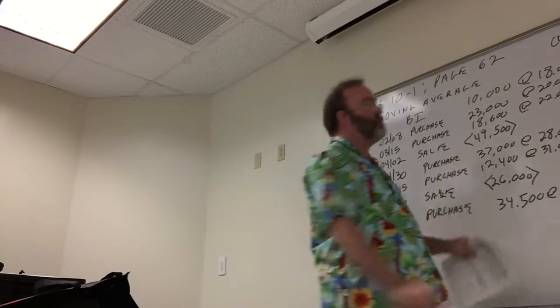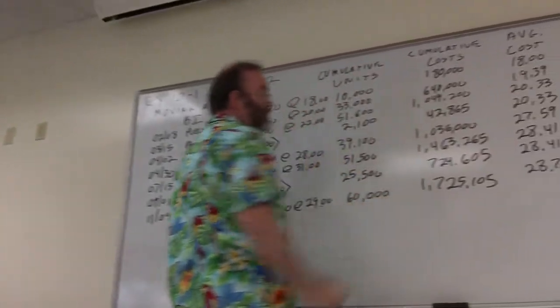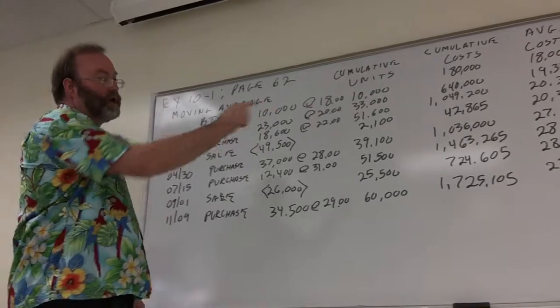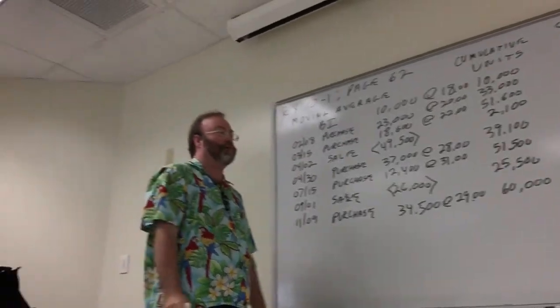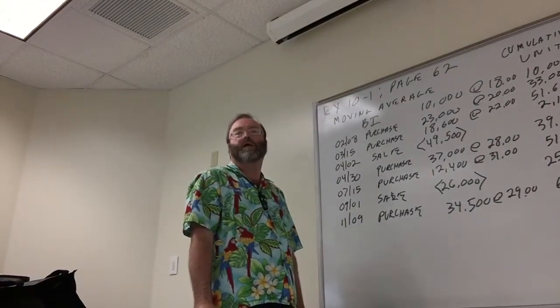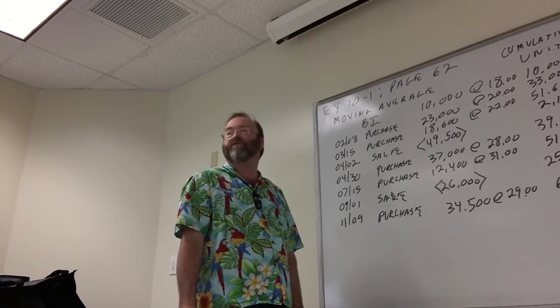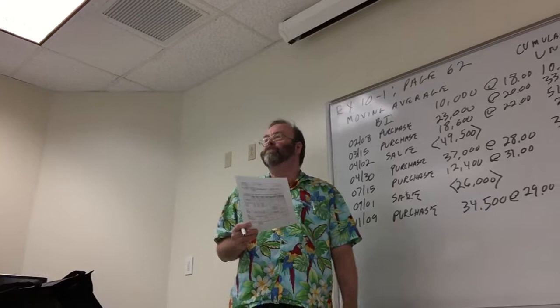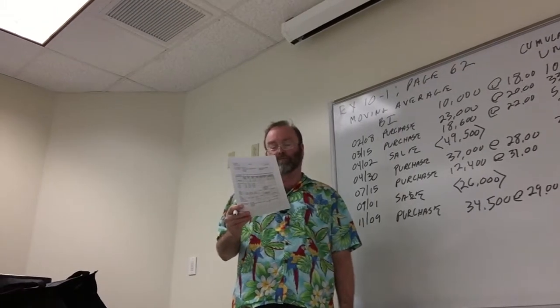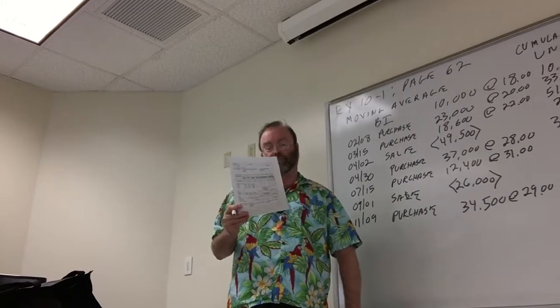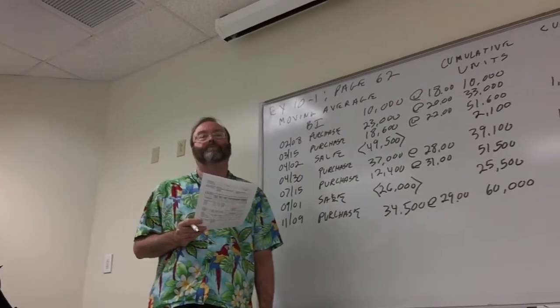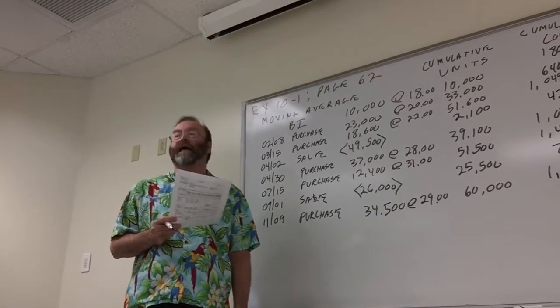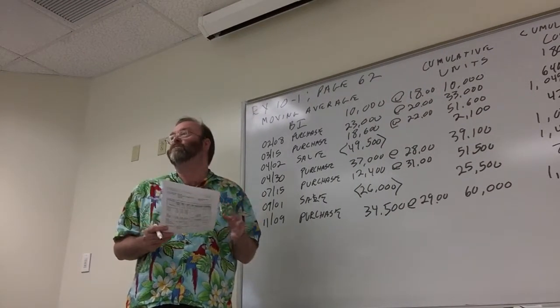So this is ending inventory, the $1,725,000, and cost of goods sold is the $1,744,995. All right? Does this make sense? That's moving average.